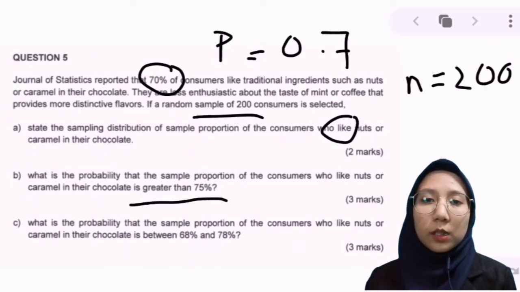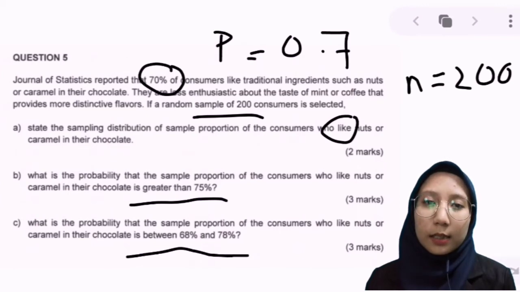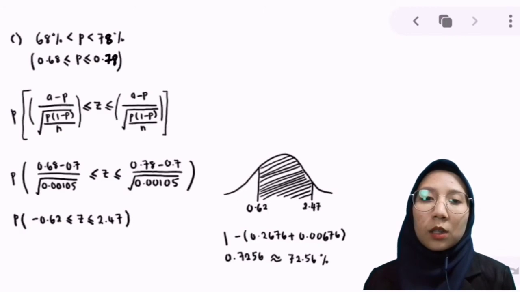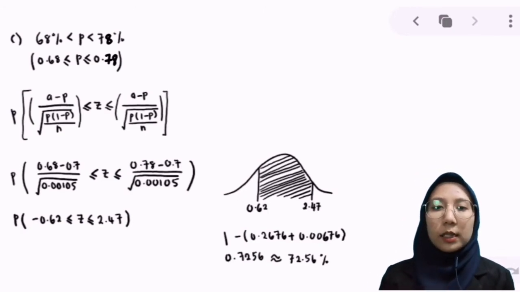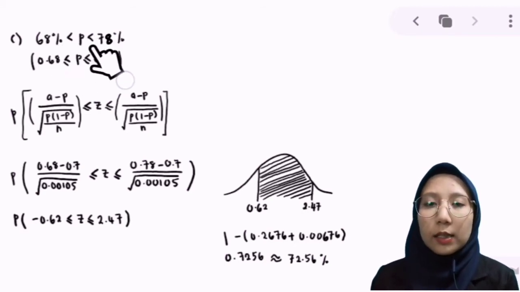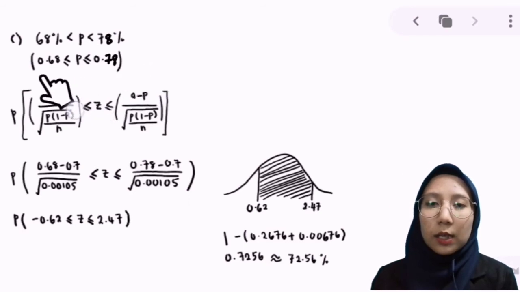Okay, for the last question, which is question C, the question asks for the probability that the sample proportion of the consumers who like nuts or caramel in their chocolate is between 68% and 78%. So here we note that it is between, so let's take a look at the solution. So we get 0.68 and 0.78.